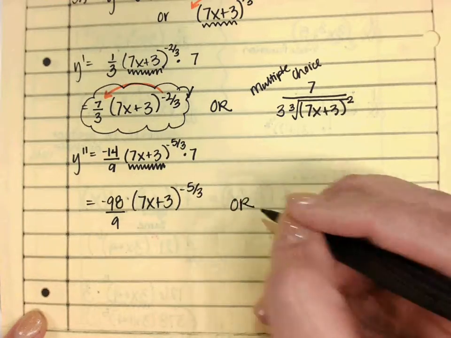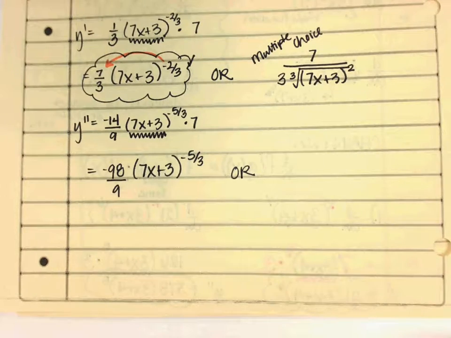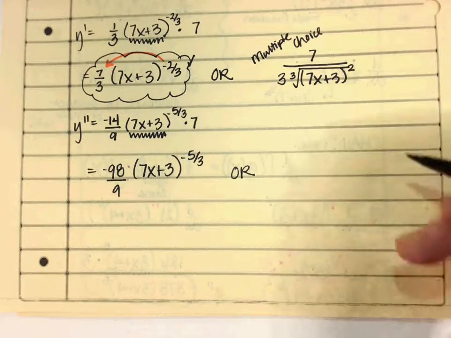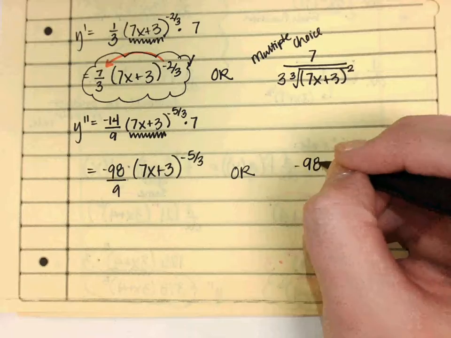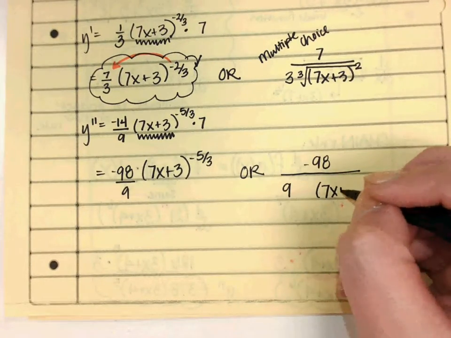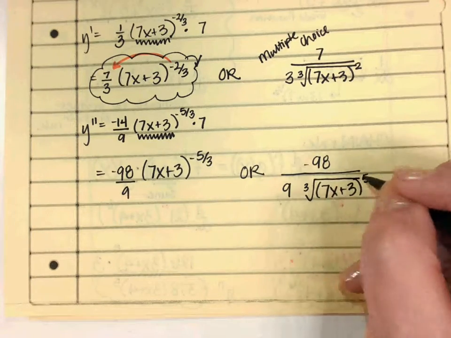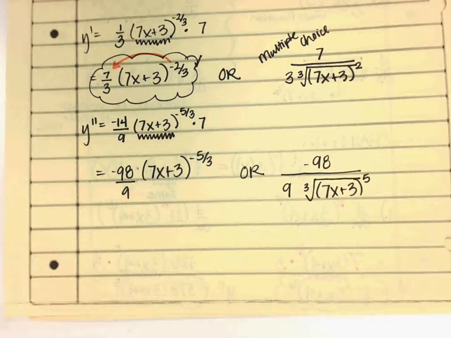How could I rewrite that? They're not going to leave it like that. You'd have your 98 on the top, and then on the bottom you'd have your 9, and then your 7x plus 3 is to the 5th power and cubic rooted. Get the idea?